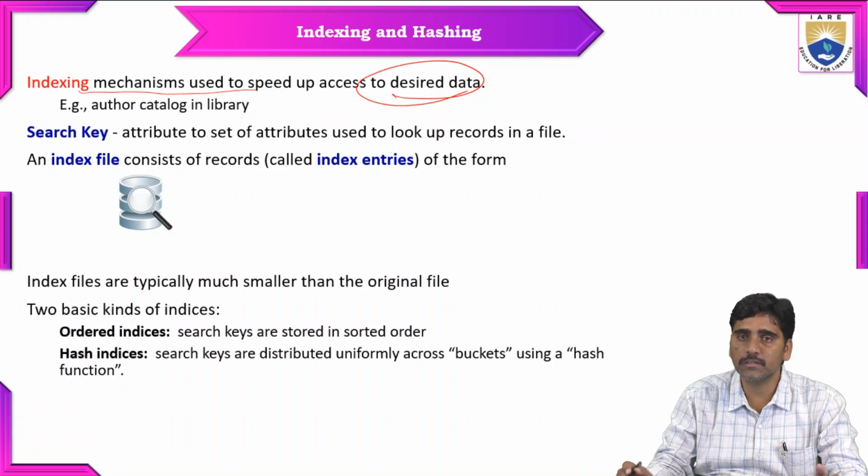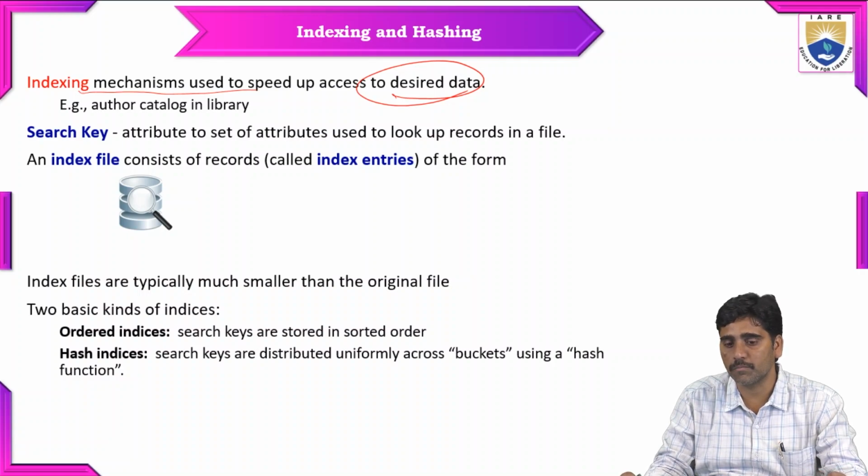In the database, there are different types of data, but users are requested to retrieve particular data on a time basis. At that moment, there is a mechanism called indexing, which is used to access your data very fast. So this indexing mechanism is mainly for speeding up access to your data.